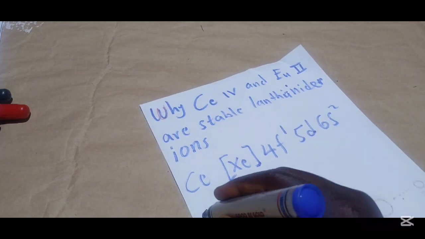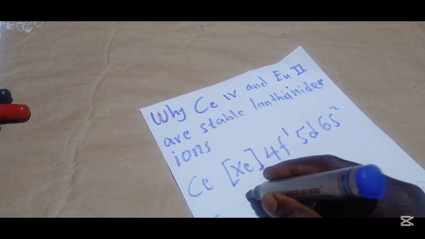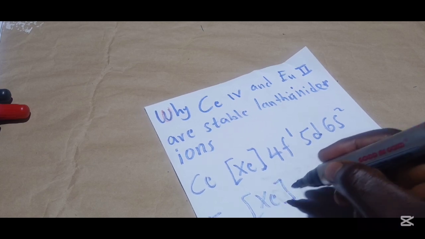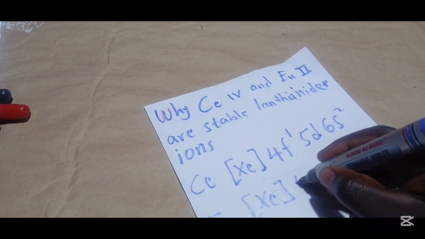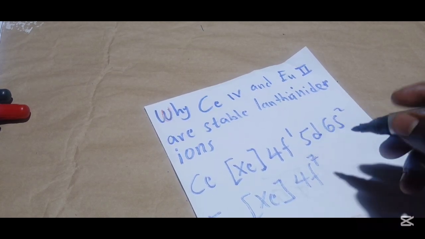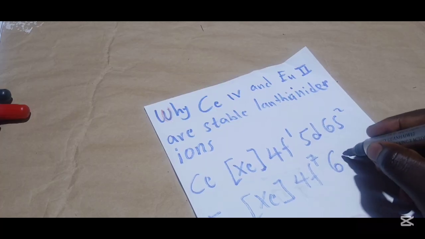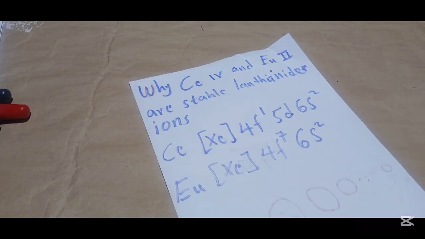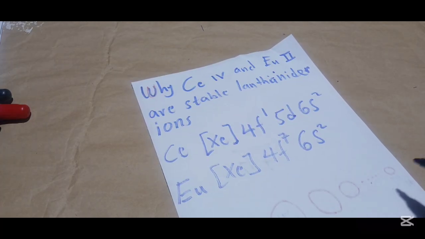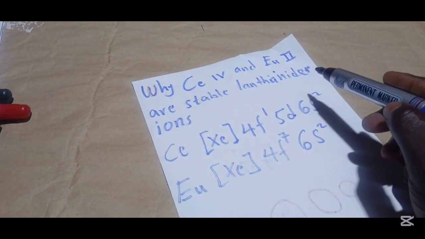And europium: xenon 4f7, 6s2. Now we are looking at why cerium 4+ and europium 2+ are stable lanthanide ions.